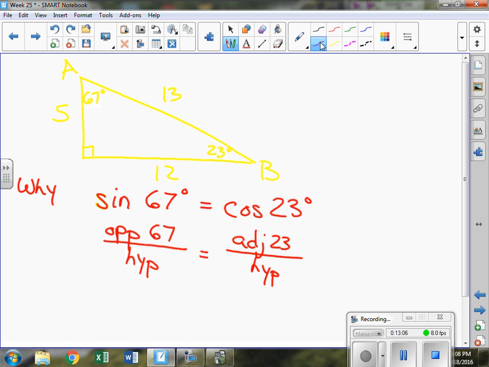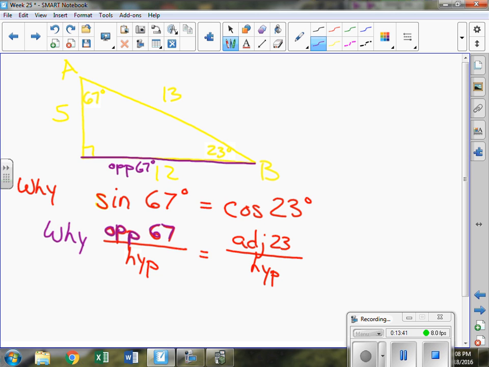Well, consider this. Once again, we're being asked to explain why is this thing true? What side length is opposite to 67? Well, when we take across there, we get 12. It's opposite to 67 degrees. Remember, opposite, adjacent, and hypotenuse all refer to side lengths, not angles.